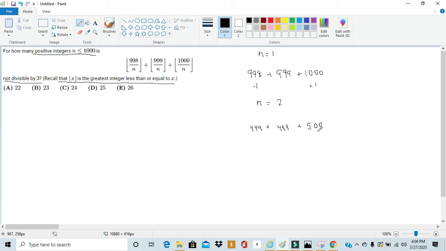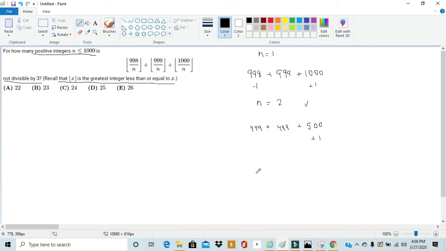In this case, we have three 499s and a plus 1. So we can see that the sum of these numbers is going to be 1 more than a multiple of 3, because we're going to have three 499s and we're going to have 1 as a remainder.